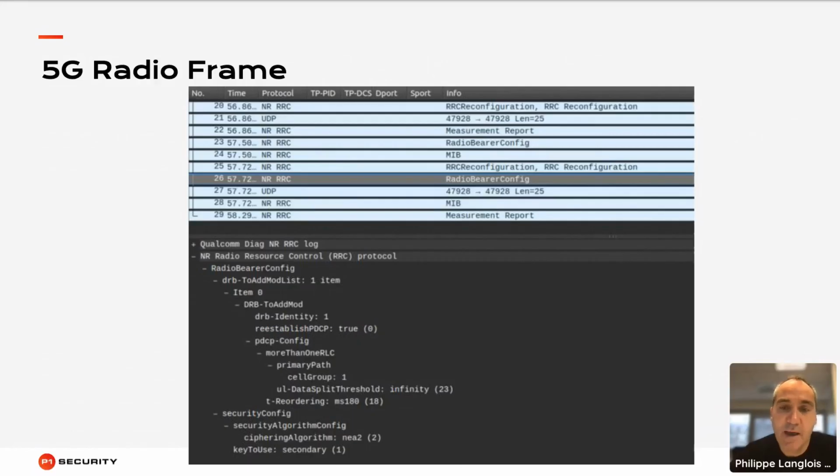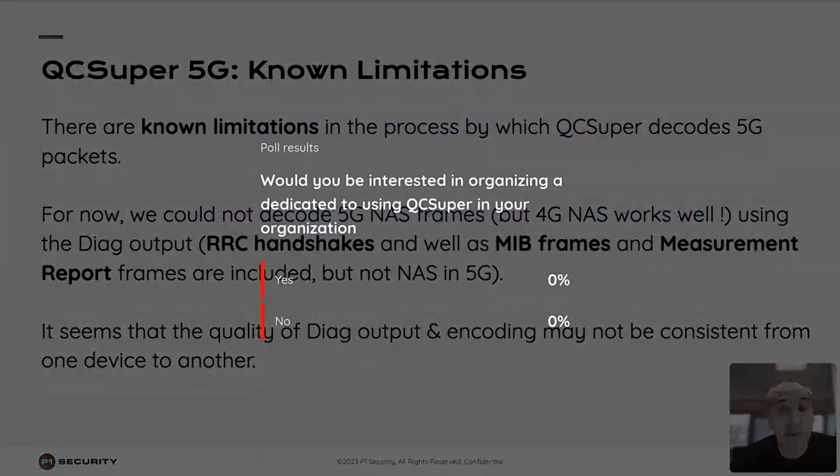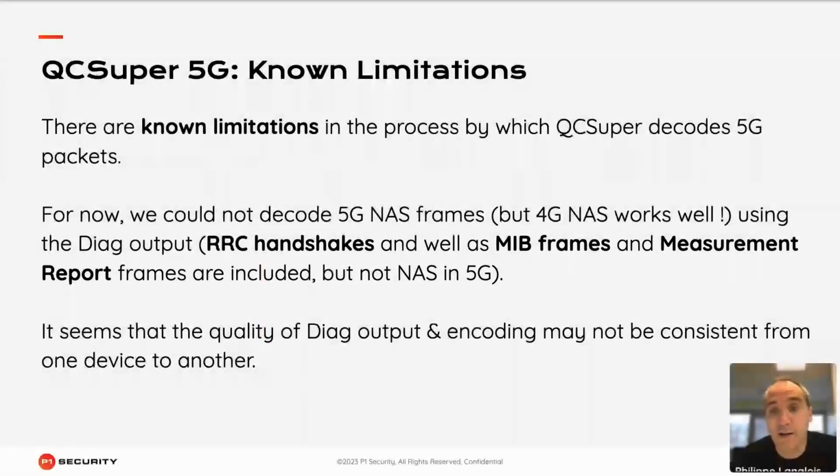Now, not everything is very beautiful in this area, because there are known limitations that were actually introduced by the support of Qualcomm into this tool. The known limitation is that now we don't see NAS anymore on the DIAG interface.